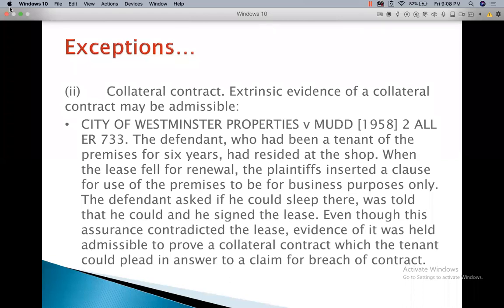So that was the collateral contract. So the court was prepared to go beyond the lease document and take extrinsic evidence to help establish whether, as a matter of fact, there was another subsidiary contract apart from the main or substantive contract.